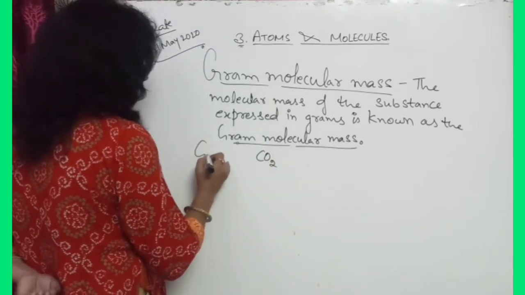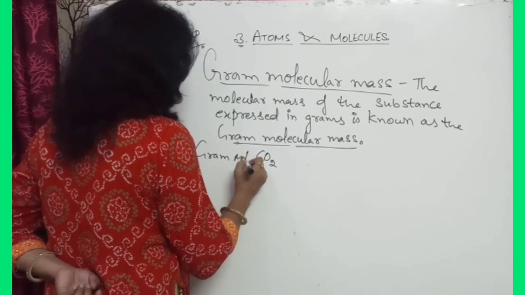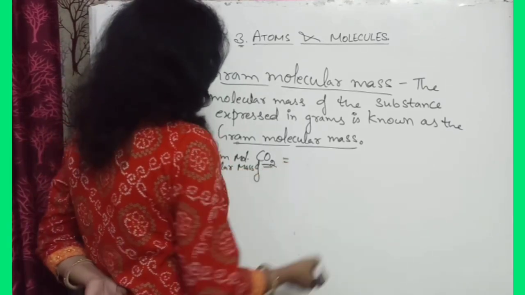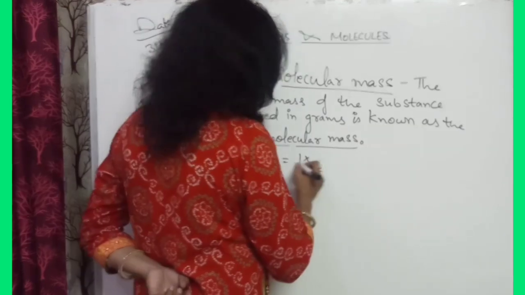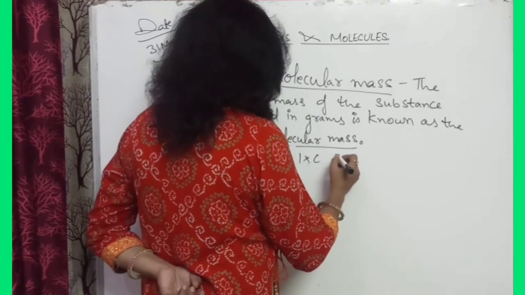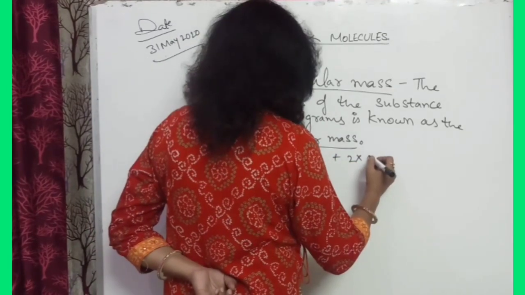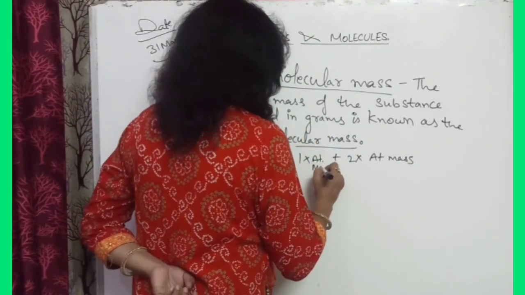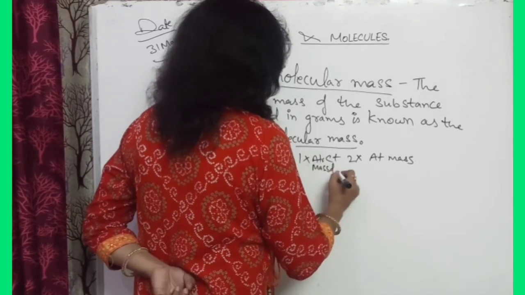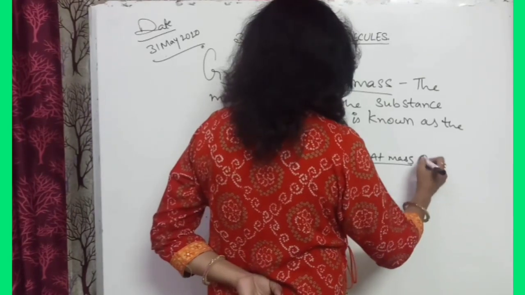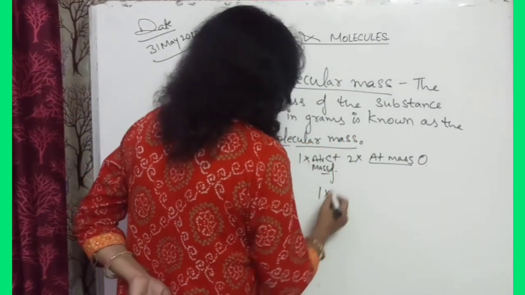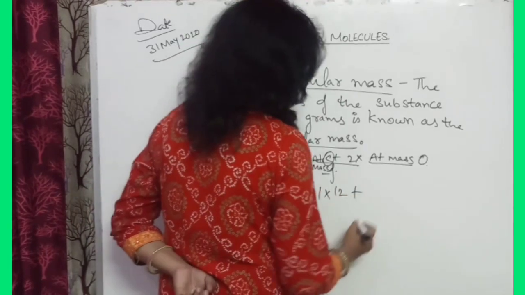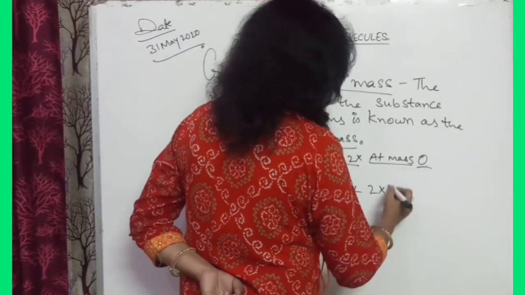Now you can write: gram molecular mass of CO2 equals 1 into atomic mass of C plus 2 into atomic mass of O. What will you get? 1 into atomic mass of carbon, which is 12, plus 2 into atomic mass of oxygen, which is 16.